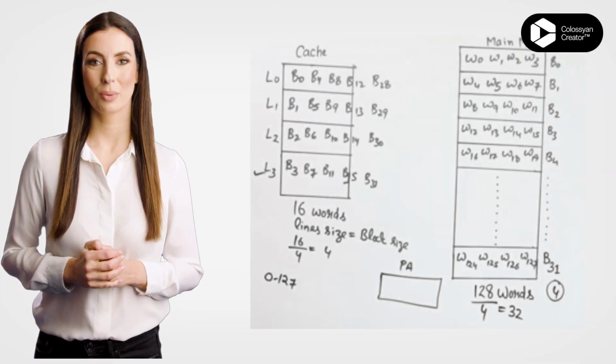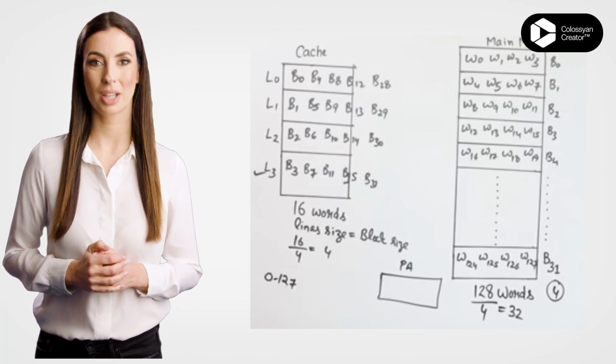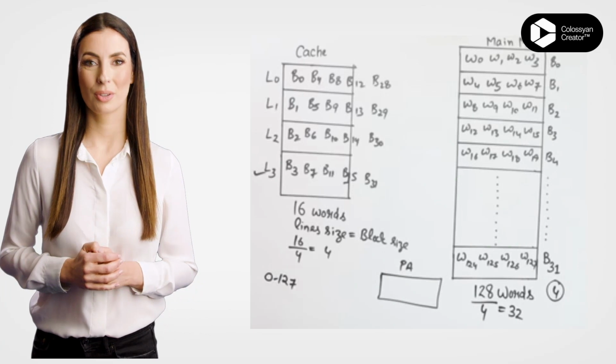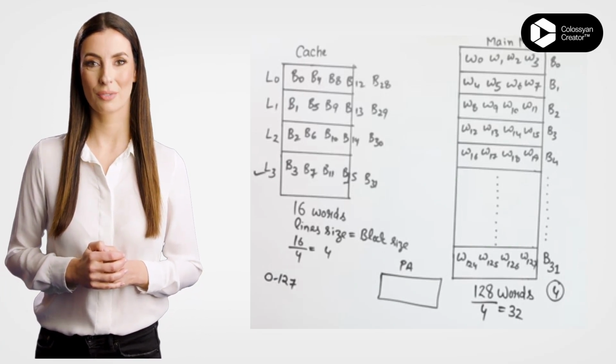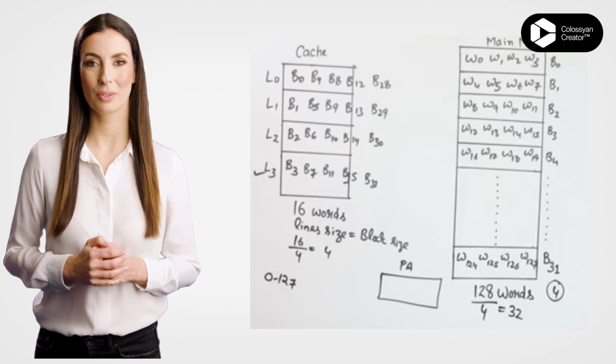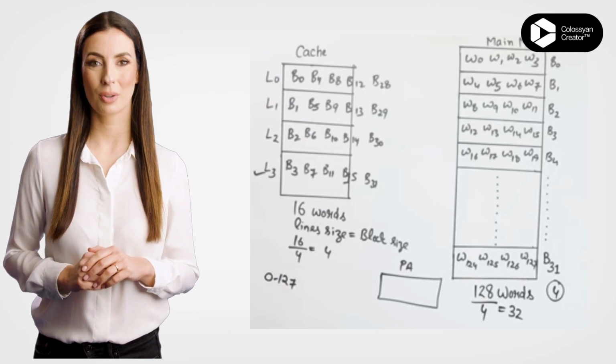W1, W2, W3 are words. Main memory contains, for our example, 32 blocks from 0 to 31. Each block contains 4 words, hence for 32 blocks we have 128 words. Cache memory contains lines from L0 to L3 which contain blocks of main memory which are frequently used.